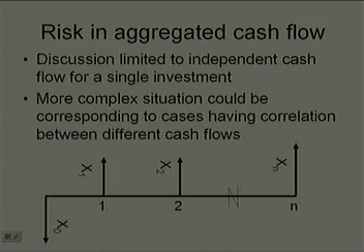So, what you find here is that suppose we are trying to identify the risk involved with a given cash flow. How to calculate that? That is what is meant by risk in aggregated cash flow. In this particular discussion, we are limiting ourselves to independent cash flow for a single investment.